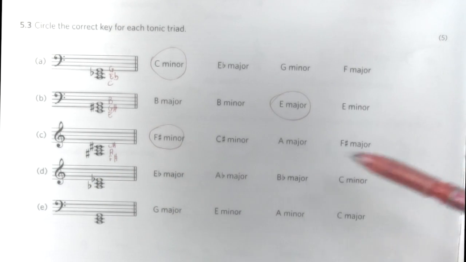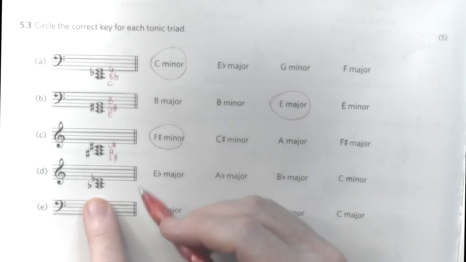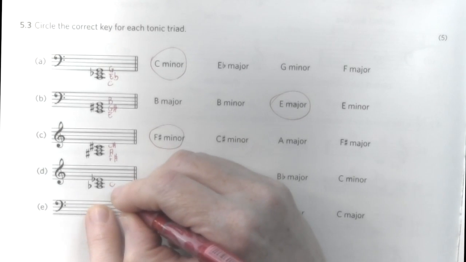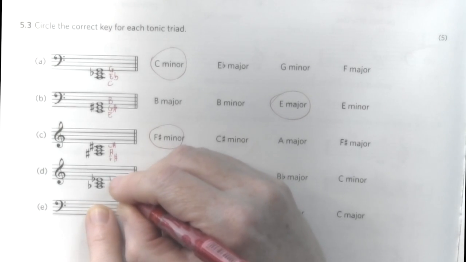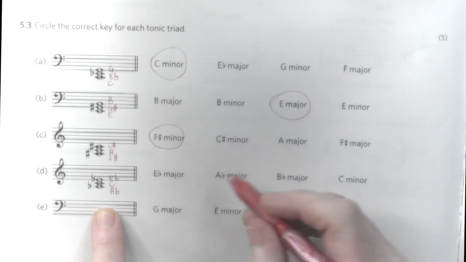And this is because in the key signature of F sharp major there are lots of sharps. Nearly every sharp. Middle C, La flat and Mi flat. And this is A flat major.